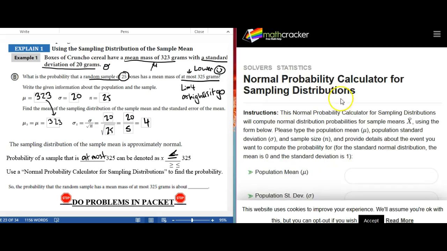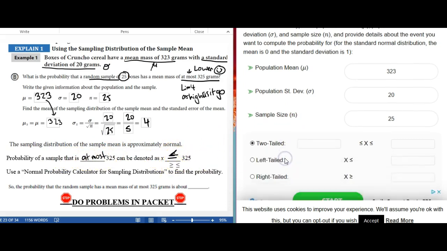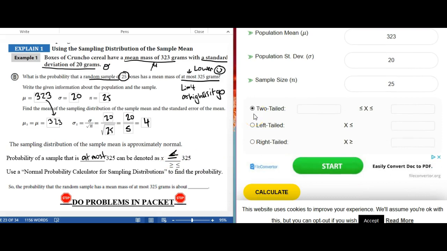And as it loads, as you can see, we're going to input all our information, which is our mean. So there's that. Our standard deviation, which was 20. And our sample size, which is 25. Now, it was important for us to translate the at most into an inequality symbol, because as you can see here, they give us a couple of options.